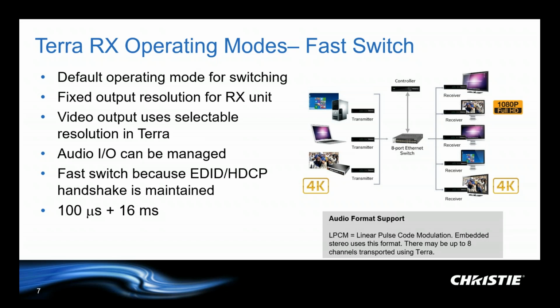Now, the audio can be managed in this mode, and I'm going to talk about this a little bit later on, so you can change and manage what you want to do with the audio in this mode. And the EDID and HDCP is maintained, and that's what permits the smooth and quicker switching in this mode. So we've got 3 different video modes which you can use in the matrix switching mode.